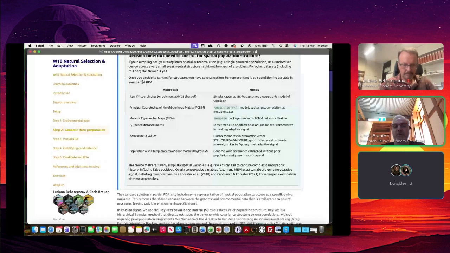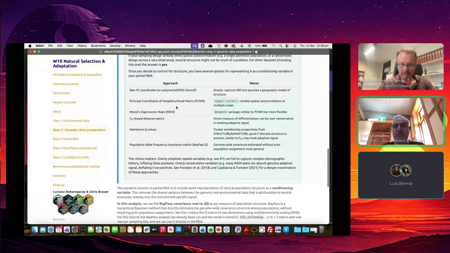You can just use simple XY coordinates or some derivative of that, polynomial or something, as a basic model of the geography of your sampling sites. There's other more complex approaches, principal coordinate-based ones, Moran's eigenvector maps. People use FST-based distance matrices. Admixture Q values I've seen. I've put some notes down on the side there about what I've generally found with my data.